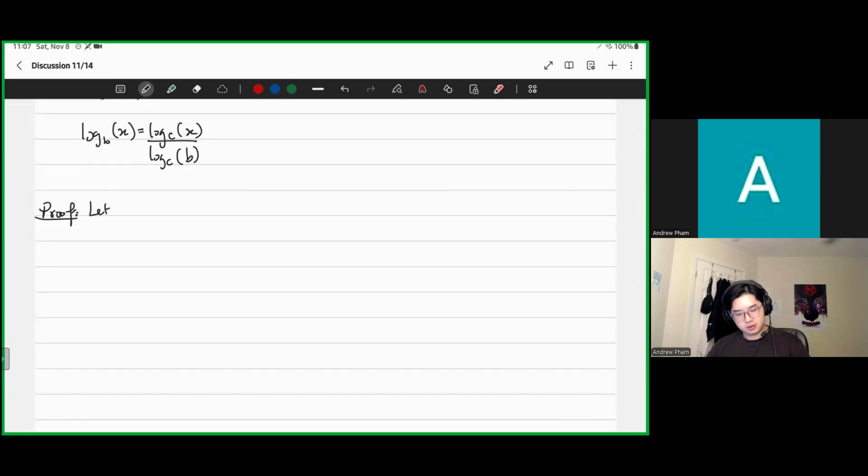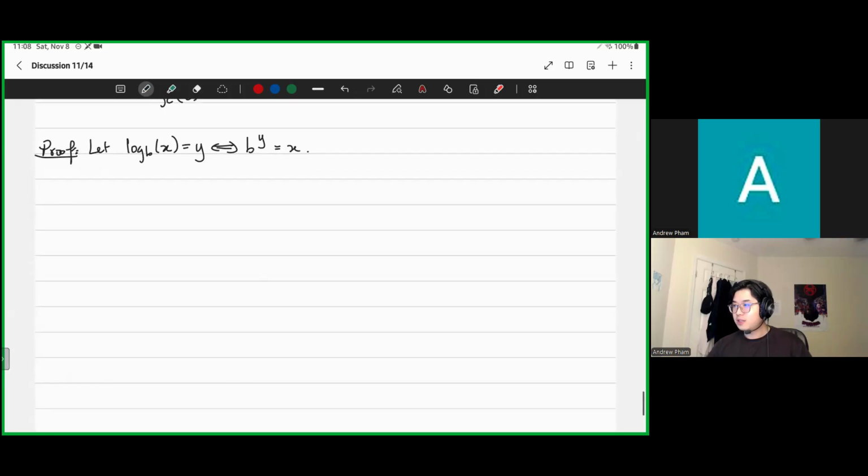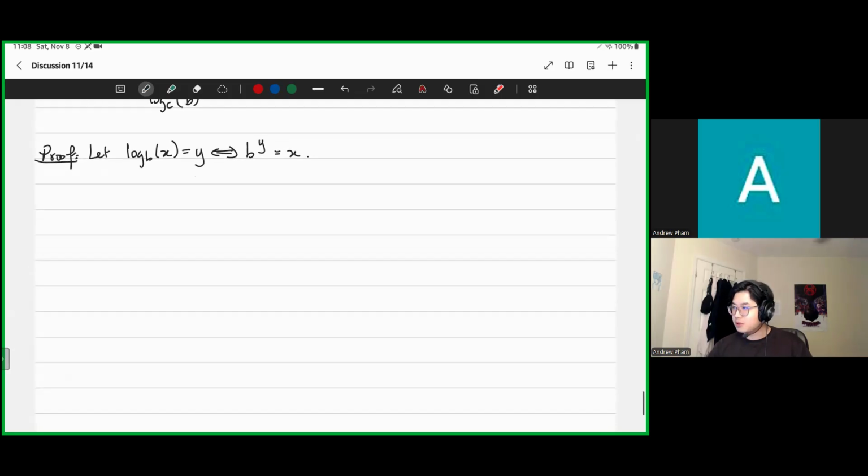Okay. So let's consider logarithm base b of x to be equal to y. By the premier example, again, this is simply b to the y is equal to x. Then, if I take the log base c of both sides, what happens?